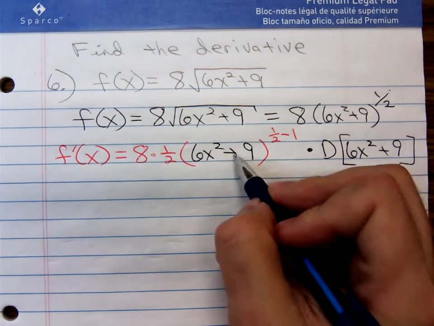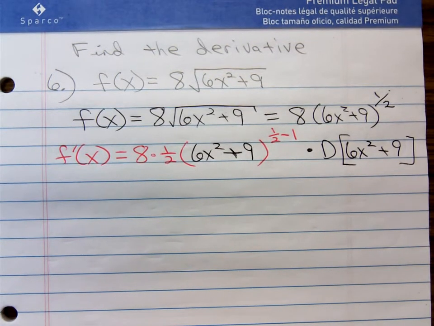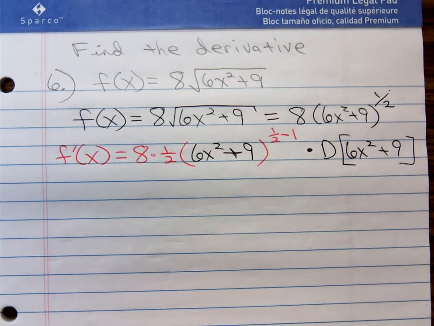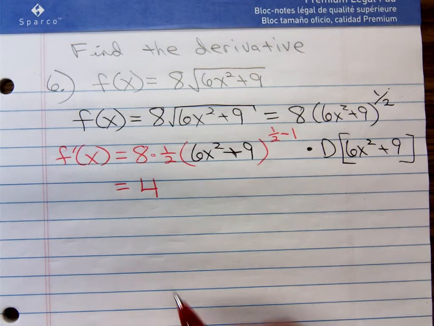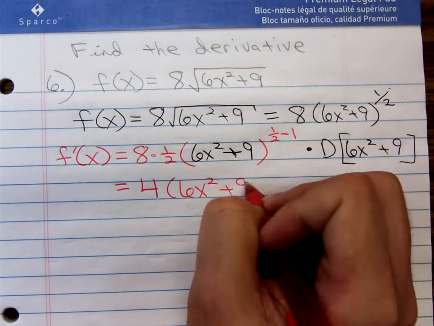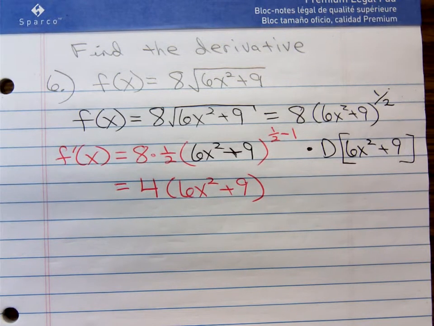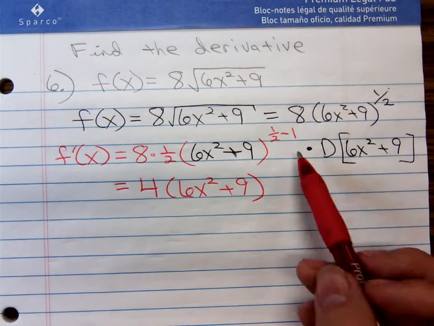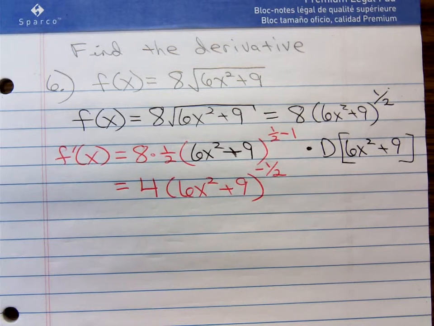And 8 times 1/2, we know that that's 4. You have 6x squared plus 9. What's the new exponent? 1/2 minus 1, 1/2 minus 2/2. There you're getting that negative 1/2.